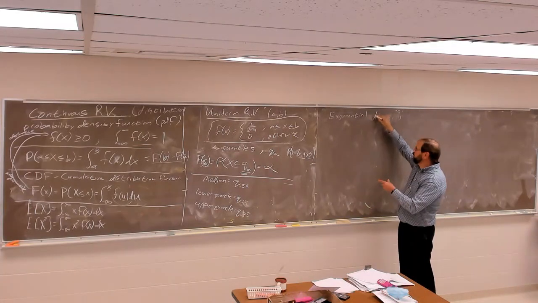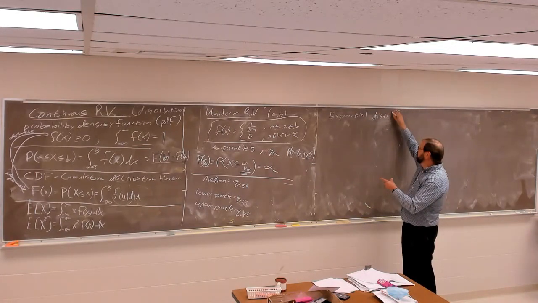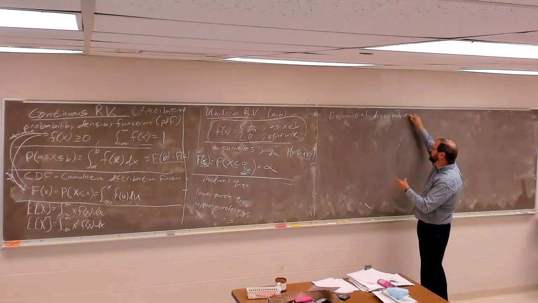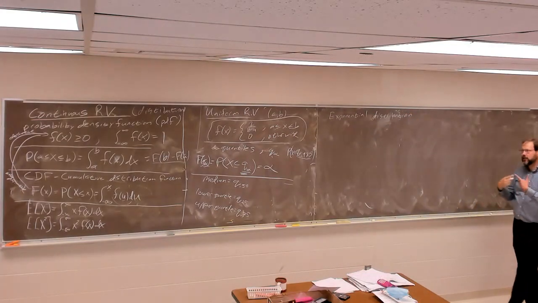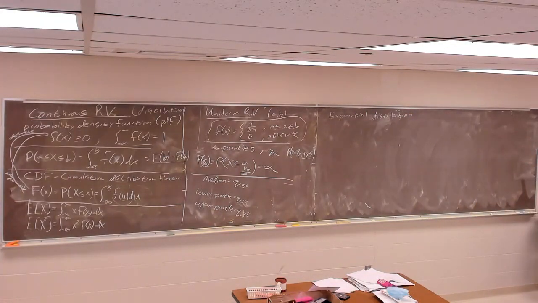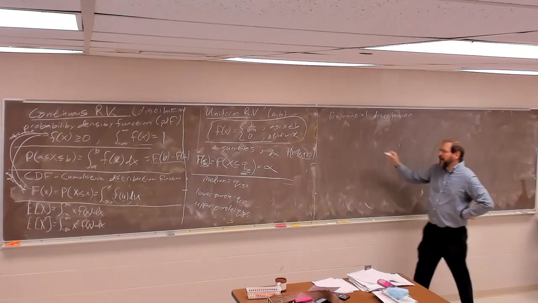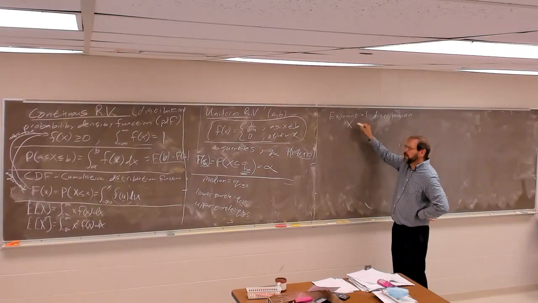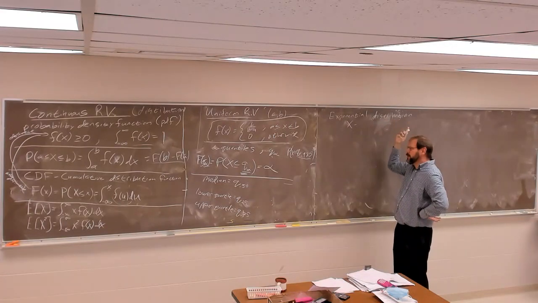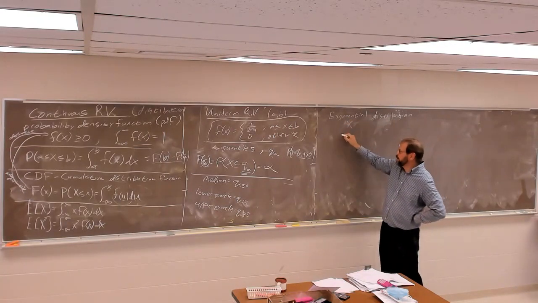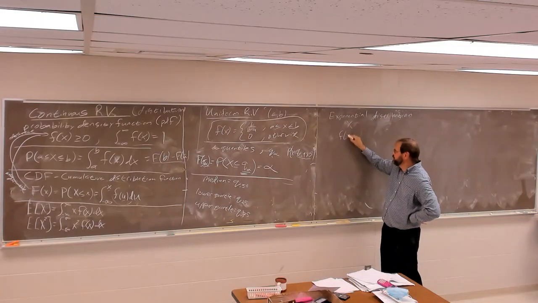Exponential distribution. When I say distribution, I mean the same thing as random variable, right? So the exponential random variable. Okay. Let me write down the probability density function first.